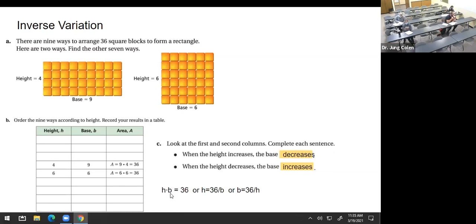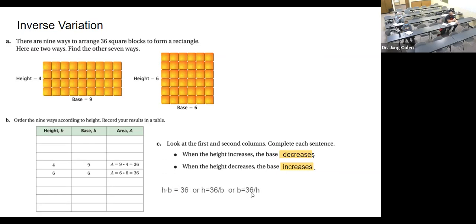Okay, so height times base is always 36. Then you can divide both by b, right? H is equal to 36 over b. How about if you divide both by h? You can find what b is. The base is always 36 over h.